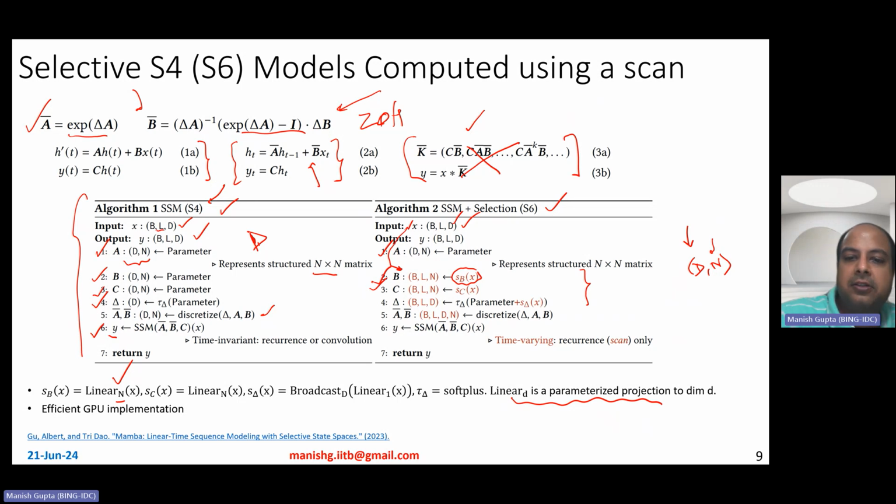Now, the same thing you also do for delta. So delta in general is just a number, and for different SSMs, you will basically have D such numbers.